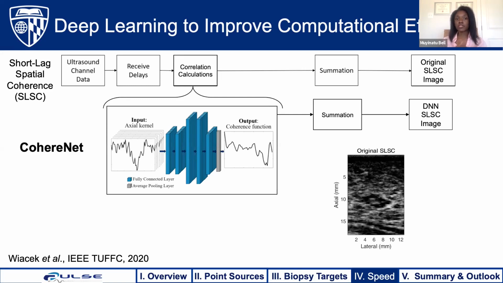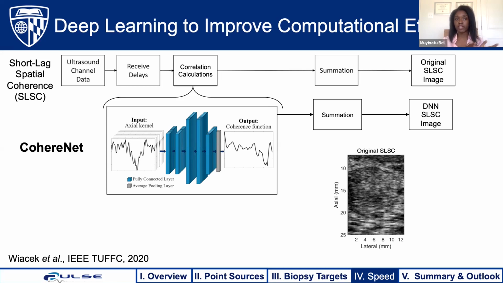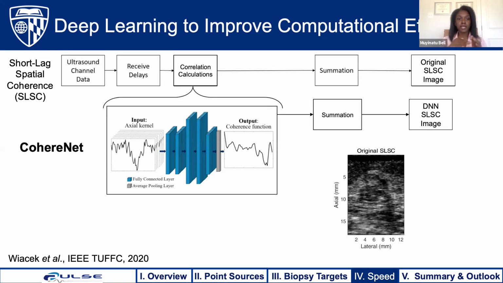And this network was trained on breast masses. And so you're seeing several examples of the test cases that were not included during training, but it's still also breast masses.